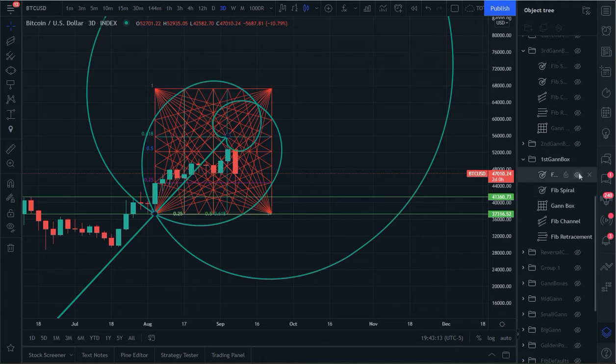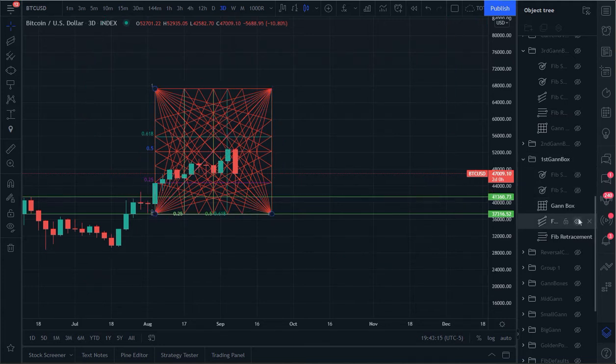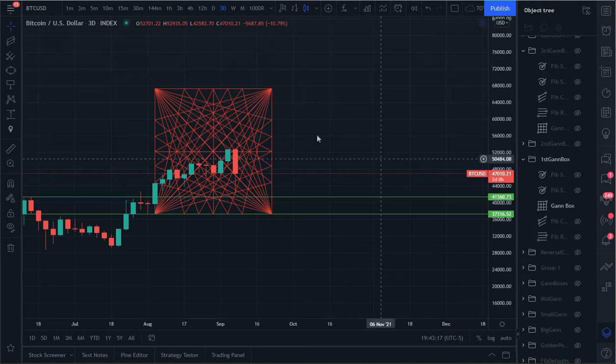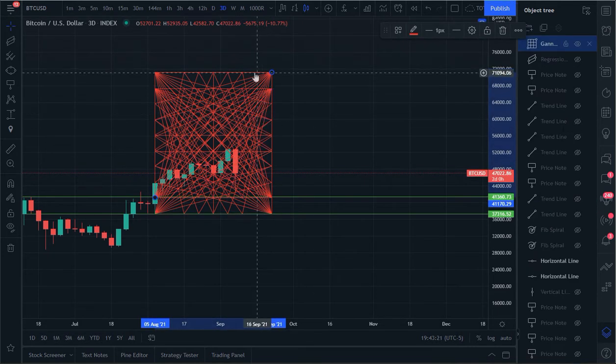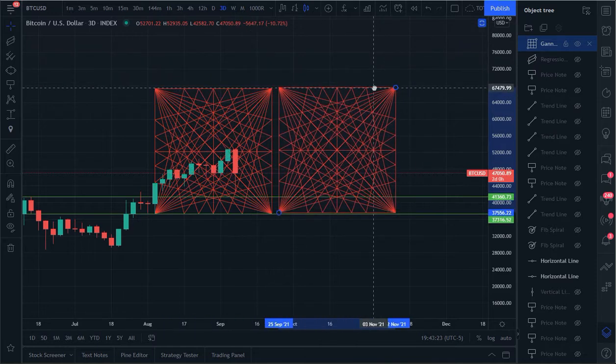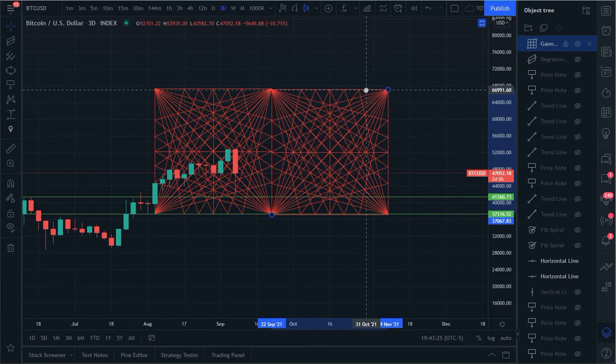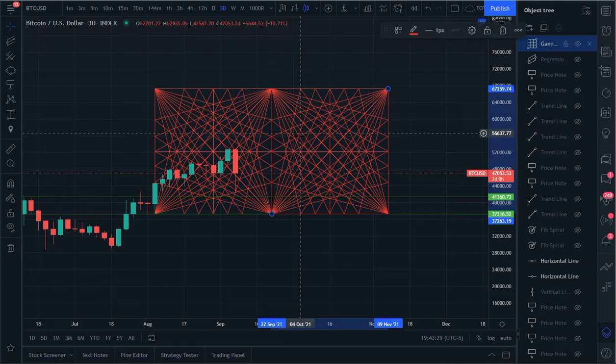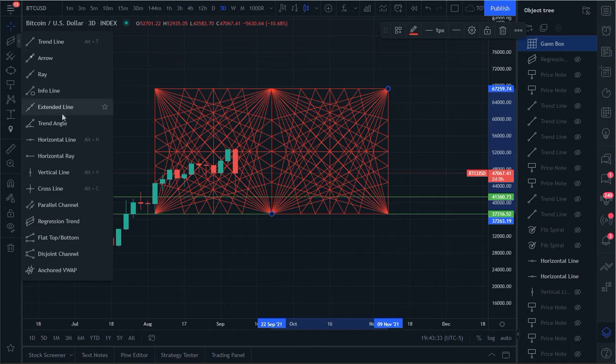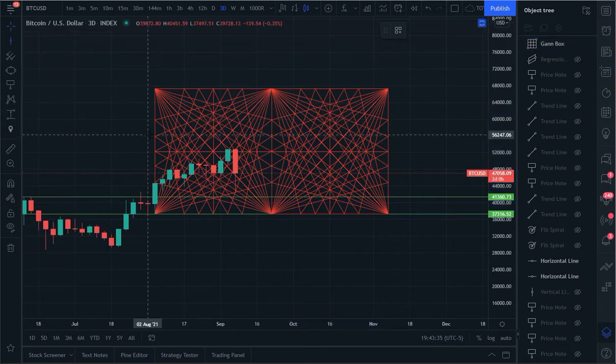So this one, I will hide the spirals, leave just the box, copy, paste the box, and move it to the right side.